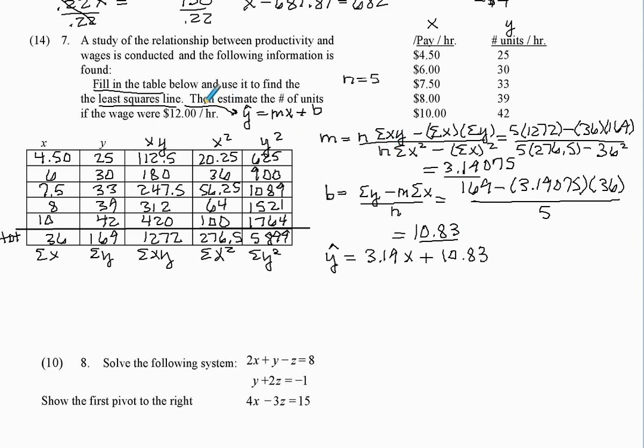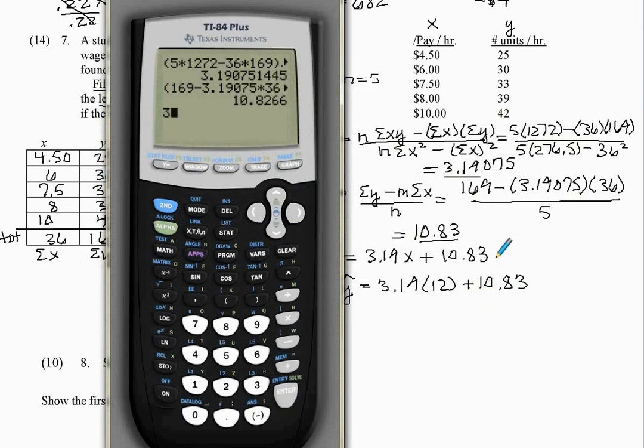Now it says to estimate the number of units if the wage were 12. That's saying, what if x equals 12? What is our y hat value? So we just plug in x equals 12: 3.19 times 12 plus 10.83. We can compute that real quick.